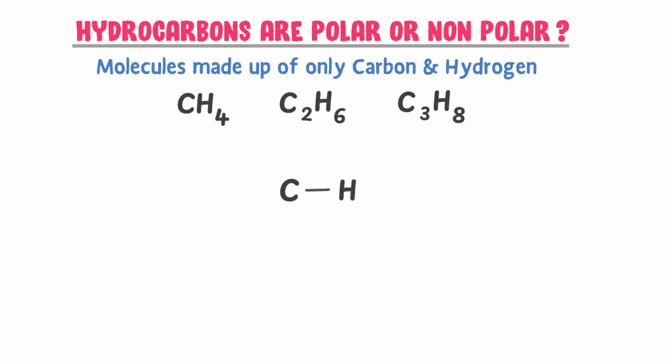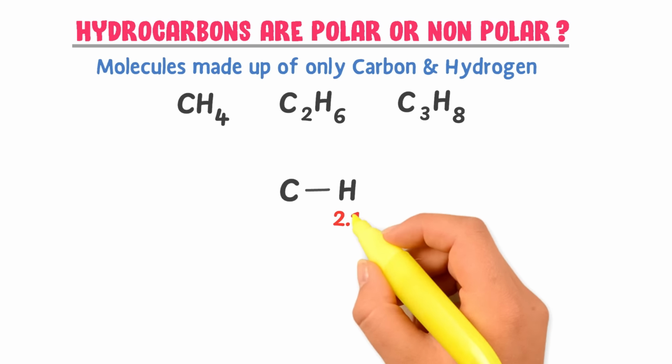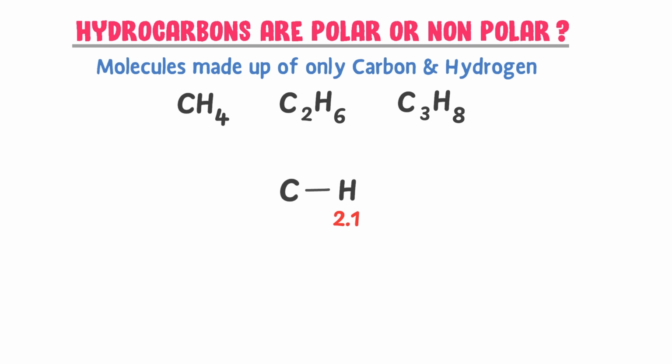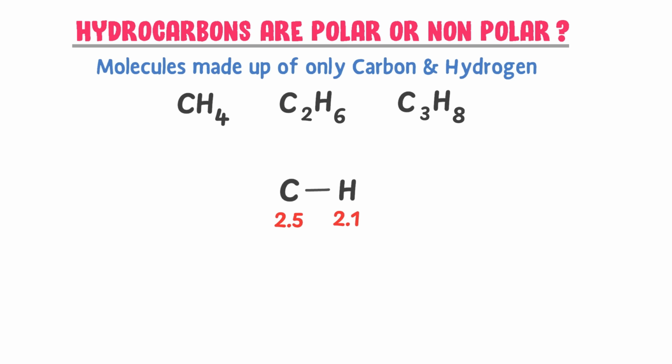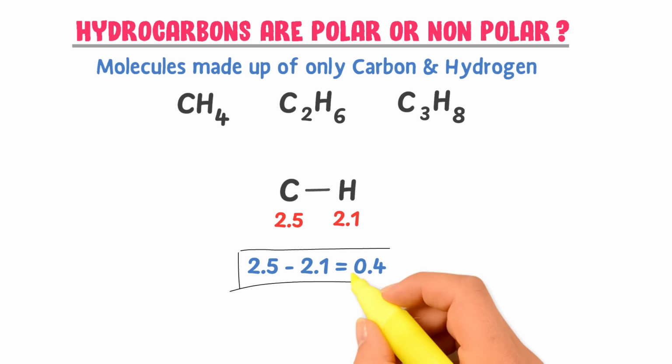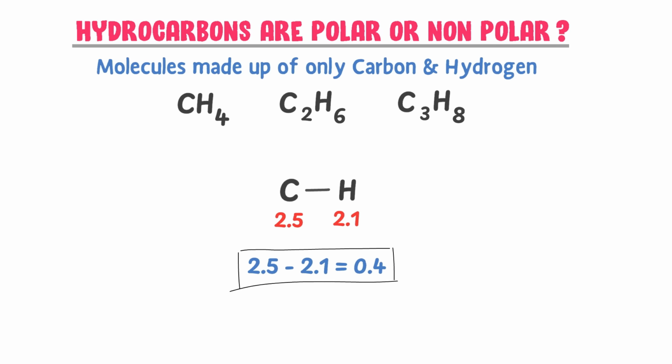The electronegativity of hydrogen is 2.1 and the electronegativity of carbon is 2.5. When we calculate the electronegativity difference between these two atoms, we get 0.4. It is less than 0.5.